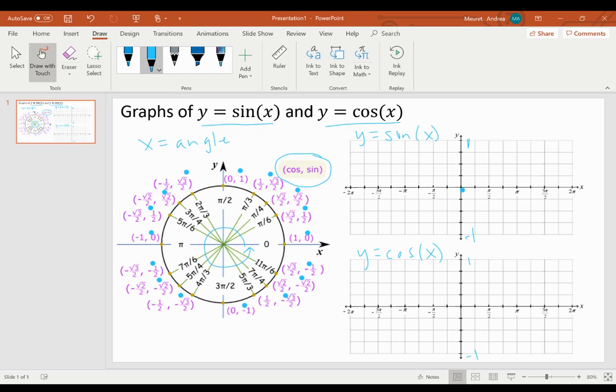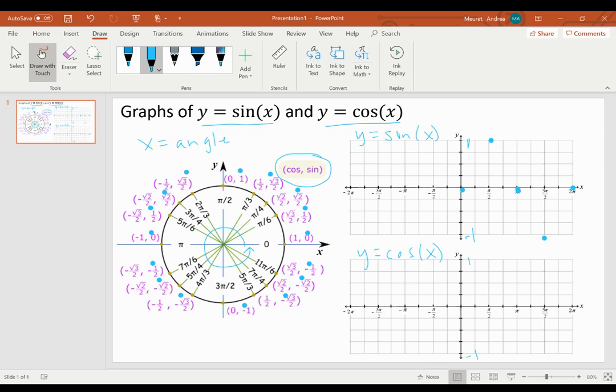And then moving up to half of pi or pi over 2, the sine of that is 1. So there's a point up here at 1. And then at pi, the sine is 0 again. And at 3 pi over 2, the sine is equal to negative 1. And all the way back to 2 pi, the sine is equal to 0.